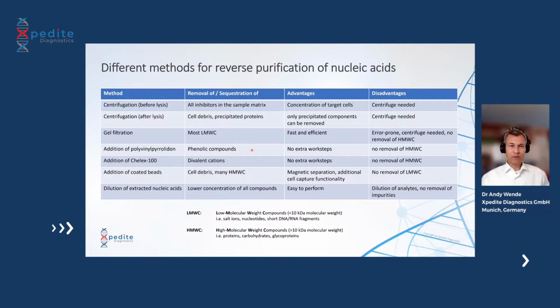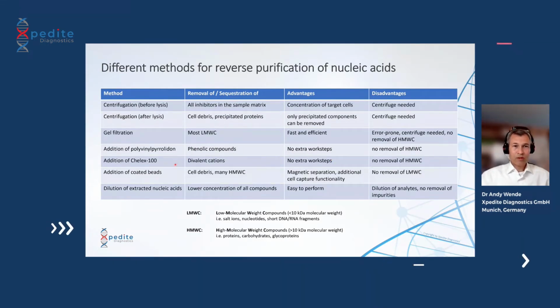Like, for example, the phenols would not interact with the Taq polymerase or with the DNA. And by that, it wouldn't disturb the PCR afterwards. So big advantage is you just need a buffer with the PVP and you don't have to take care of any extra work steps. The disadvantage is you still don't get rid of everything else but phenolic compounds.